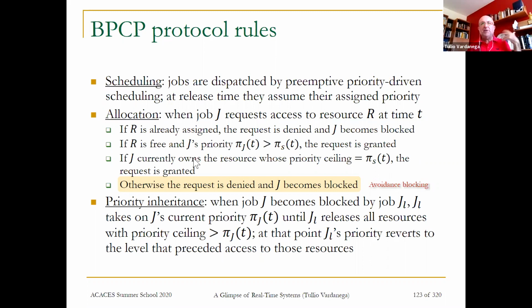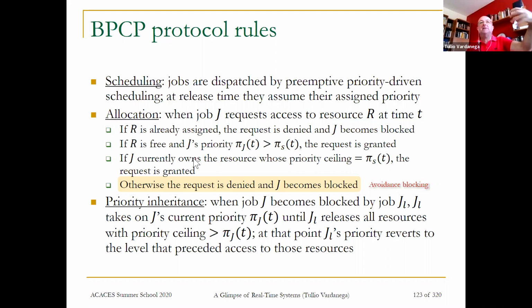That's a strange situation, because there are resources that I may want, because their priority ceiling is either my level or even higher, that are held. So even if I continue running, I will not be able to have them because they are held.